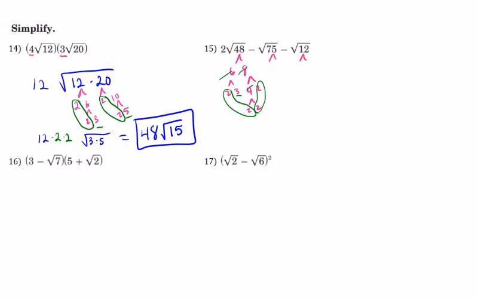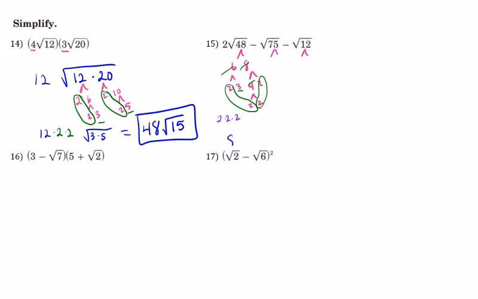And so we already have a 2 outside, and you don't have to show all this work, but we're going to have 2 times 2 times 2, right? There's one 2 that was already there, and then there are two 2s that came out. And so that'll be 8 on the outside, and then we'll have a 3 left on the inside, so it'll be 8 root 3.